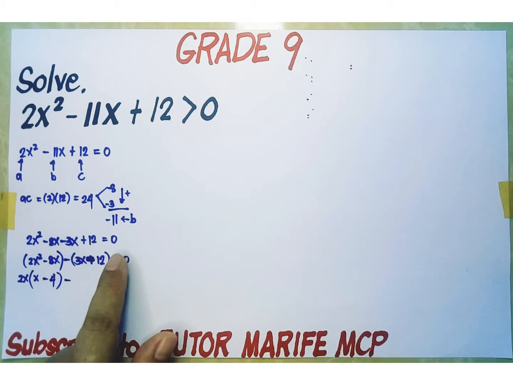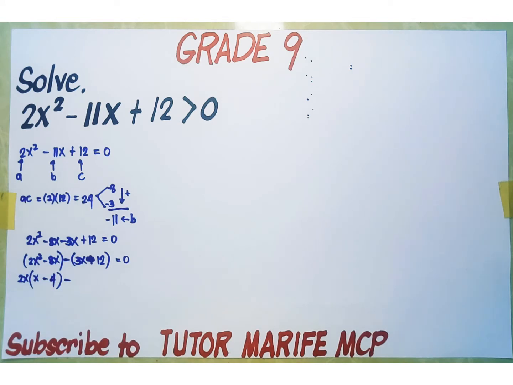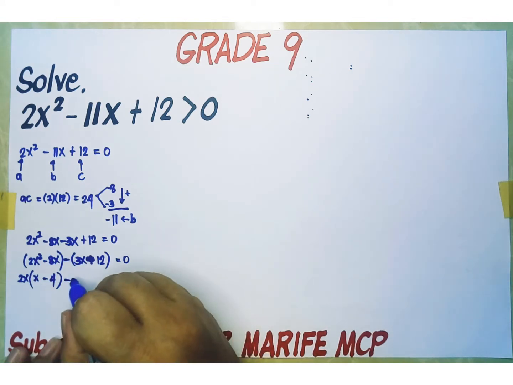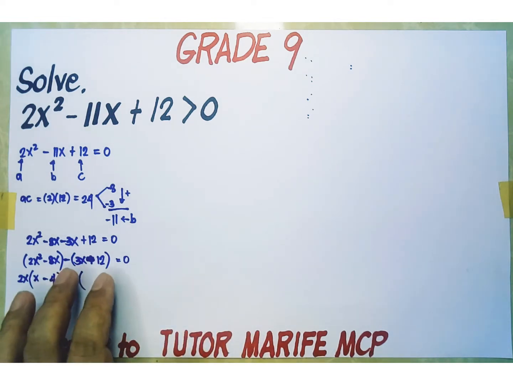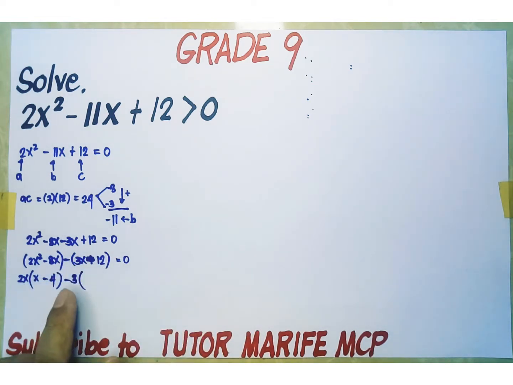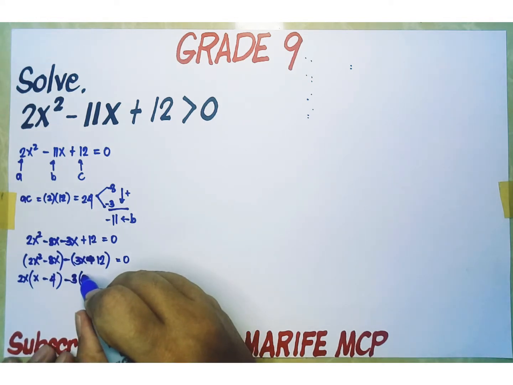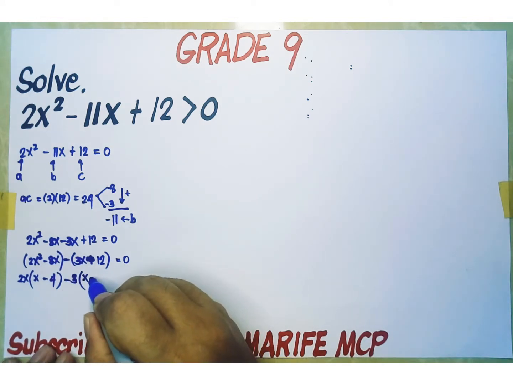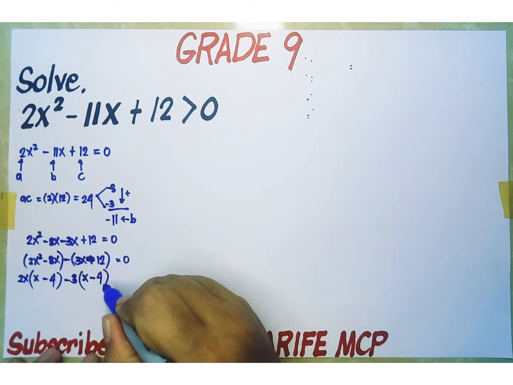Factorize also the second group using the GCF method. GCF of 3x and 12 is 3. Then divide each term of the second group by the GCF. 3x divided by 3 is x. 12 divided by 3 is 4.